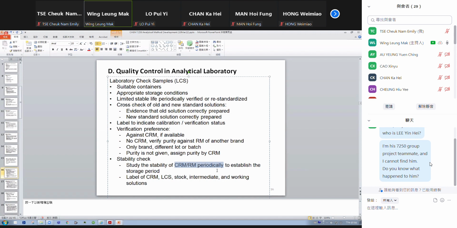Sometimes the CRM or the RM certificate can be extended. For example, it says it's 5 years. And after the 5 years, you check from the internet, maybe stability is still good, they will extend more time. You need to check with the manufacturer.